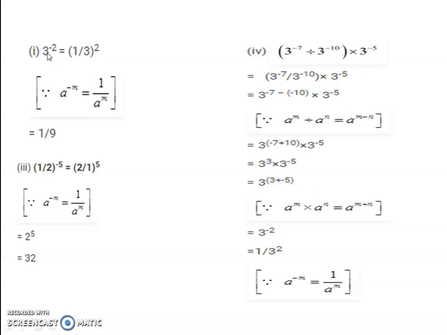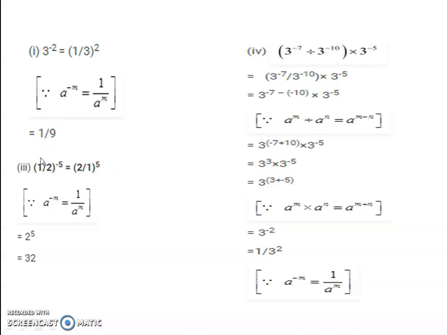Here you can see when you write the reciprocal of the base, the negative exponent changes to positive exponent. Here this is the rule. a raised to negative m is equal to 1 by a raised to m. This is the most important topic which you learn in class 8.